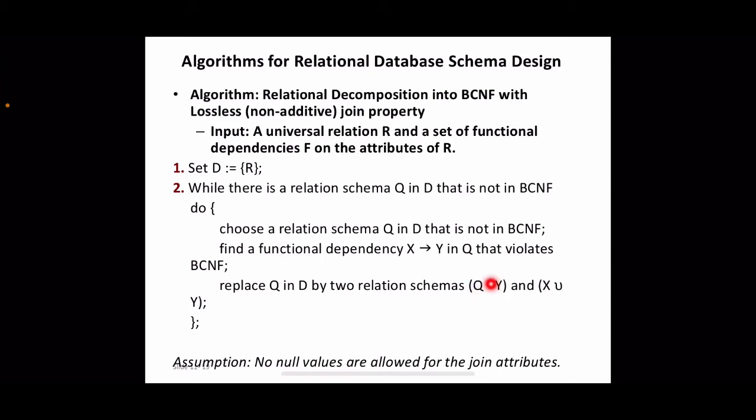One is Q minus Y, the original relation minus the right hand side attributes. The second one is X union Y, taking the left hand side and right hand side of the dependency and their union. Like this, for all relation schemas which violate BCNF, we perform this decomposition. So this is the algorithm.